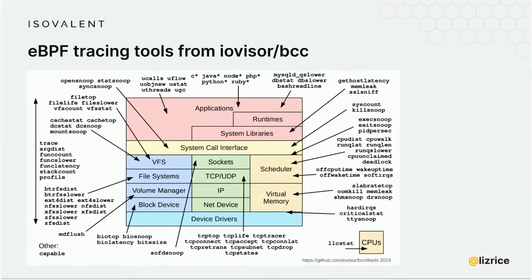And this family is from a project called BCC. Personally, when I first saw this diagram, I thought, this is terrifying. I have no idea what it's showing me. So don't worry if that's your reaction. What it's showing is dozens of different tools that have been built to use eBPF and that follow a very similar model to collect information about a whole variety of different things happening in a system.